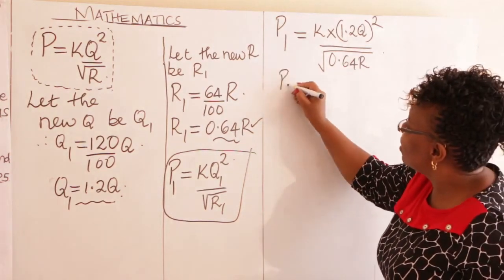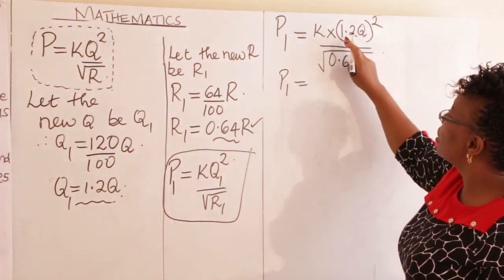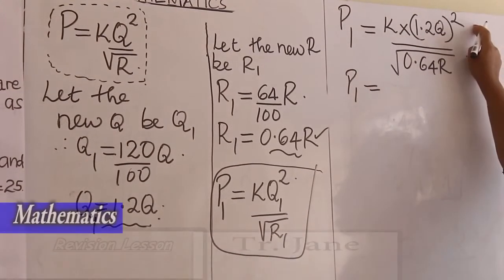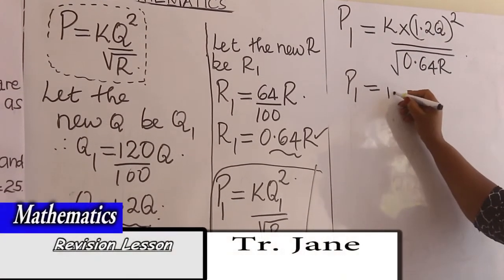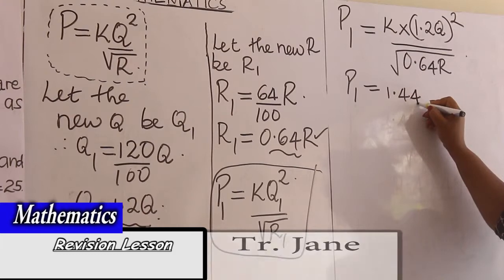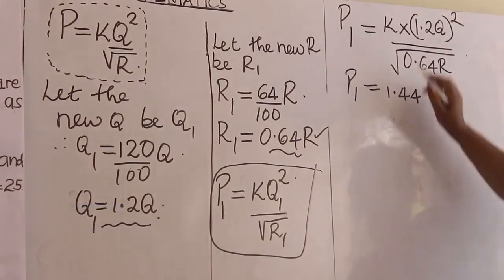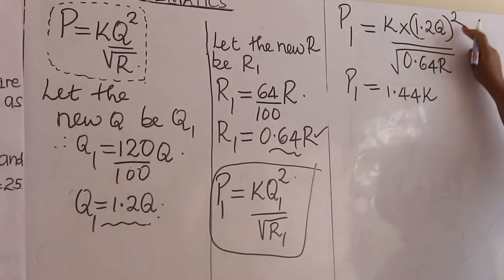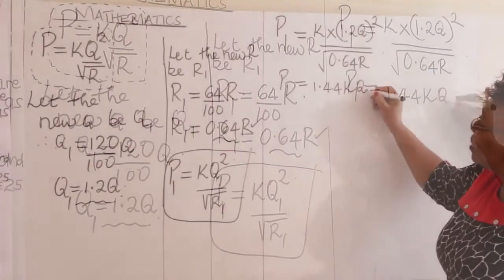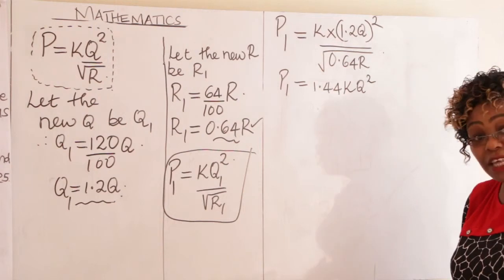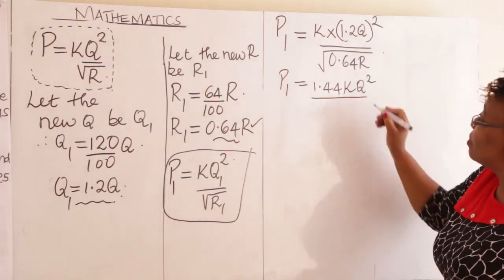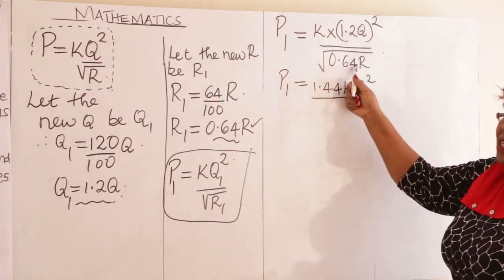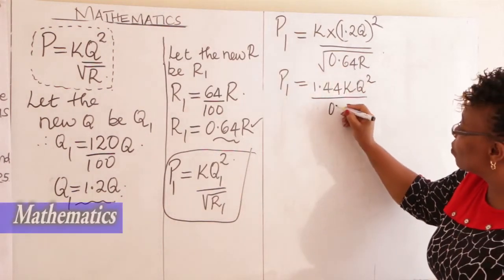So learn, the new P therefore will be equal to what? 1.2 squared gives you 1.44. Then K, followed by Q squared. Like that, we start with the number. Then divide by what? The square root of 0.64 is 0.8.